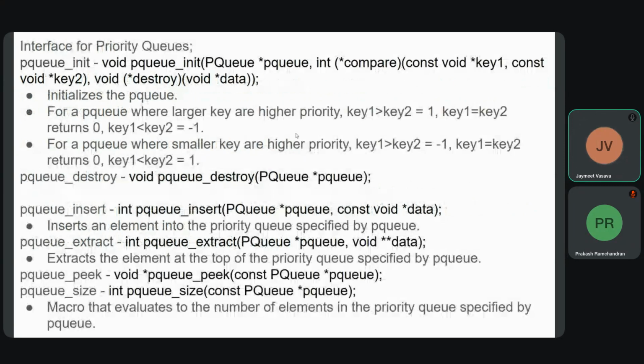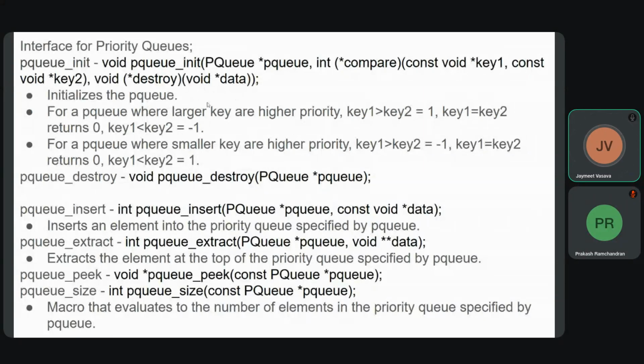For the implementation of the priority queues, similar to heap init, we will be using priority queue init for initialization of the priority queue, and similar to the heap, here we will also be using the compare function.